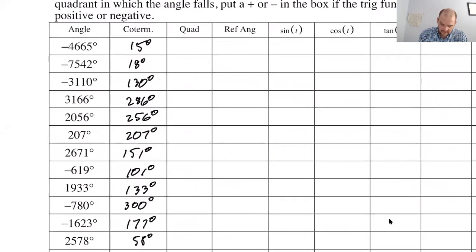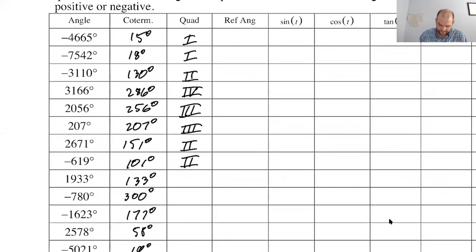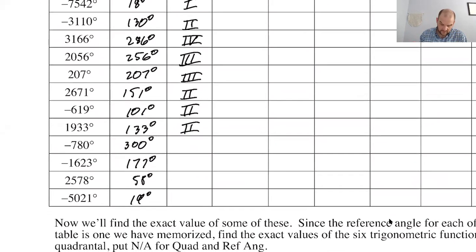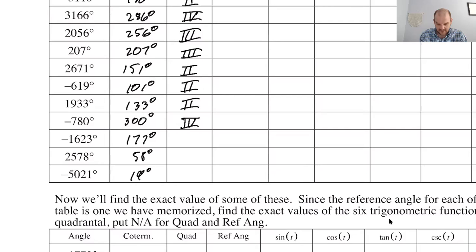So this is quadrant 1, 1, definitely 2. 286 is more than 270, so this is 4. 256 is less than 270, so 3. 3 because it's more than 180. 2 because it's less than 180. 2 because it's more than 90. 2 because it fits really well there. 4 because it's famous and also it's more than 270. This is just less than 180, so it's still in quadrant 2. This is quadrant 1 and quadrant 1.